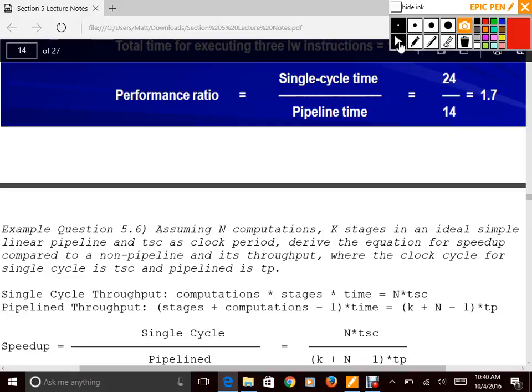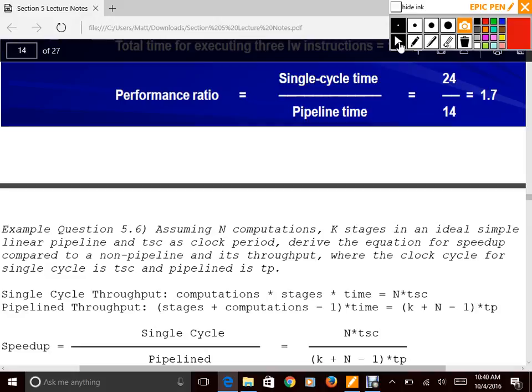So what's the ratio there in an ideal pipe? How do you determine the pipeline time? Correct. Very good. It's the sum of the stages. That's the key thing I'm looking for. So how am I breaking this down?